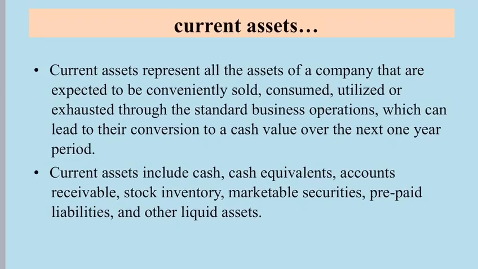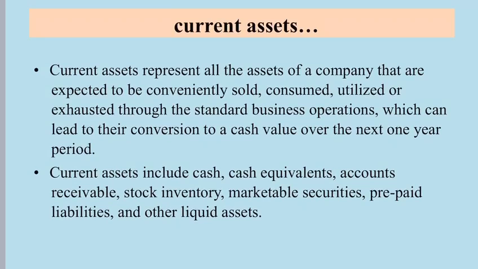Look at the definition. Current assets represent all the assets of the company that are expected to be converted, sold, consumed, utilized or exhausted through the standard business operations, which can lead to the conversion of cash value over the next one period only. So current assets include cash, cash equivalents, account receivables, stock inventory, marketable securities, prepaid liabilities or other liquid assets.